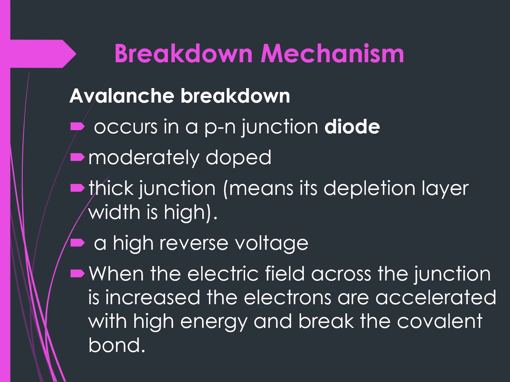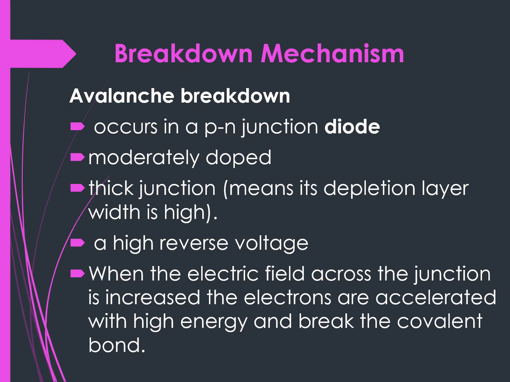It is a cumulative process, a multiplication process, you can say. Two electrons break two bonds, it becomes four, then four to eight, eight to sixteen, and it goes on. So it is known as a cumulative process.